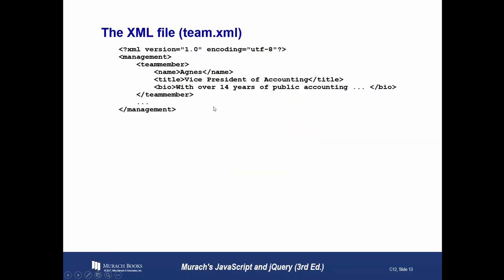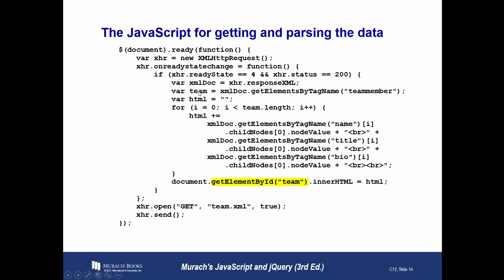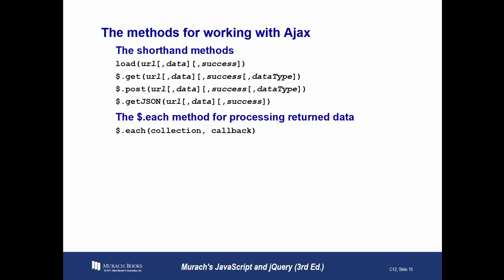And what you'll notice when you start to look through the stuff that's actually shown here is the event handler for the onReadyStateChange parses the data only if the ready state property is 4, all right, meaning it was successful, and the status property is 200, meaning, again, that it worked.